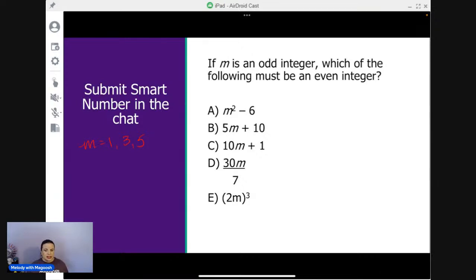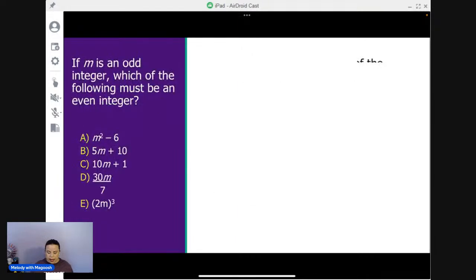Some students are very hesitant to use 1. Can we use 1? Sure, it's an odd number, isn't it? And so for this problem, I'm going to use m equals 1. Now this time, if I plug that into the question, if 1 is an odd integer, which of the following must be an even integer?